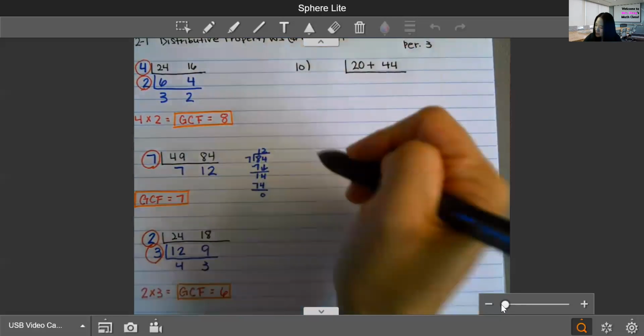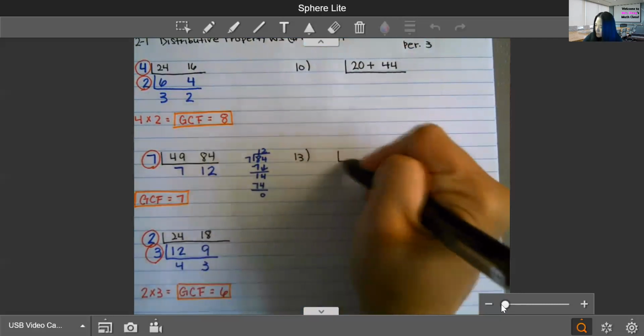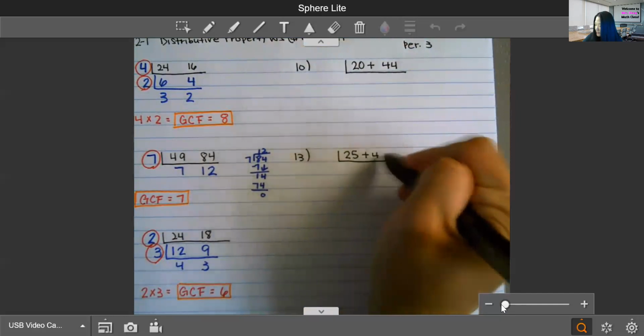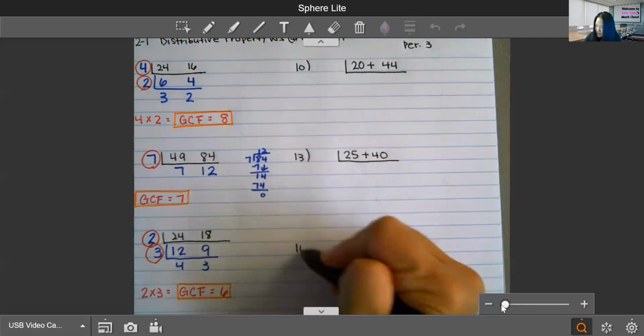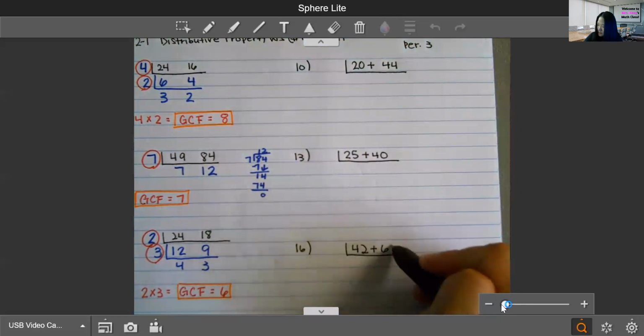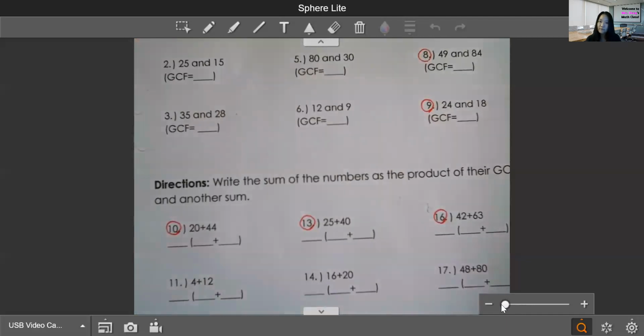I'm also going to copy number 13. Same thing, 25 plus 40. And then for number 16, same idea, 42 plus 63. So those are the three problems that I'm going to go over.